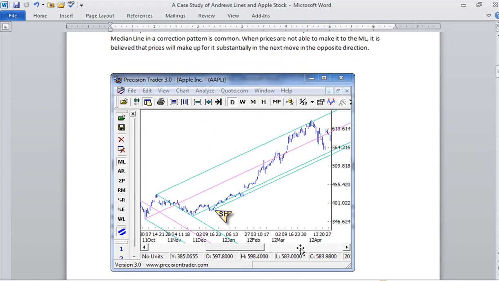Take a look. Here was your SH. Remember we talked about the SH line? SH is a sliding parallel, because when you draw your median line as it's going in the thrust direction, this was the correction direction, and that's because prices were going up, up, up, up, up here, and then went sideways for a while, and then thrust some more.